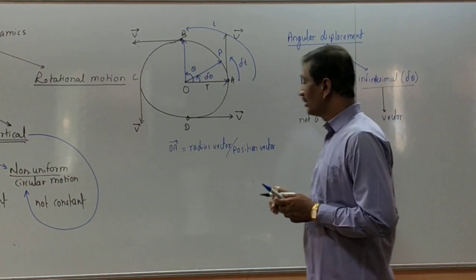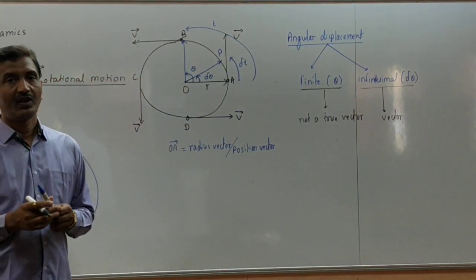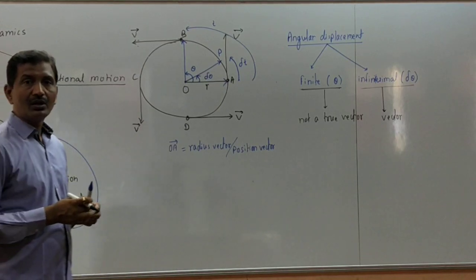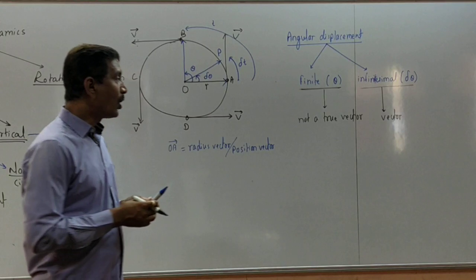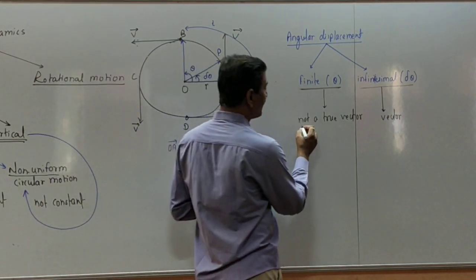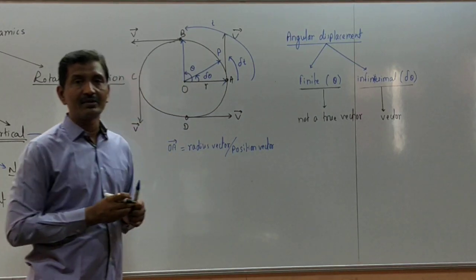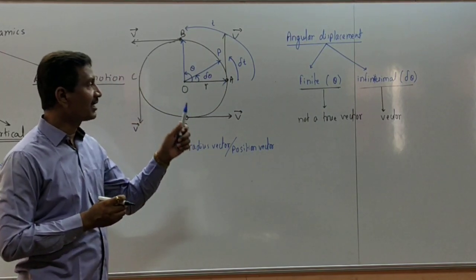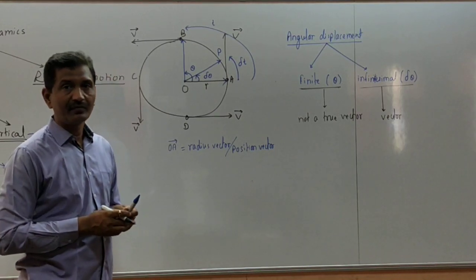So why is theta not a true vector? You are familiar with the laws of vector algebra. All the laws of vector algebra are not satisfied by finite angular displacement, and that is why we say that finite angular displacement is not a true vector.